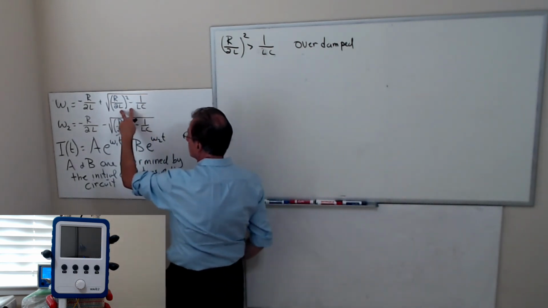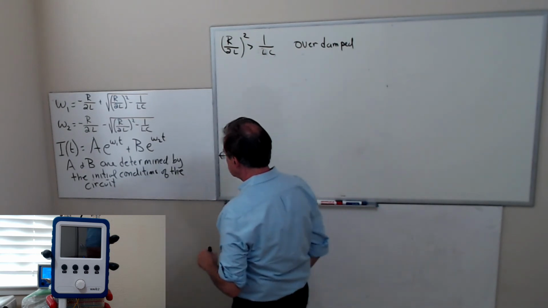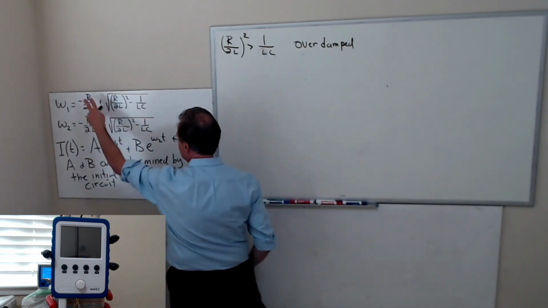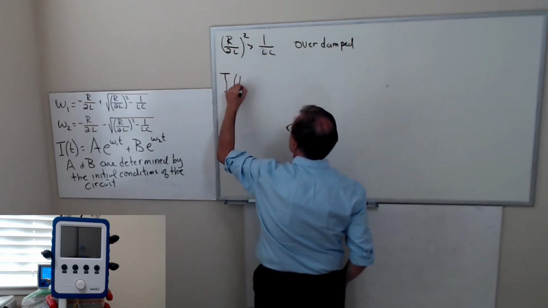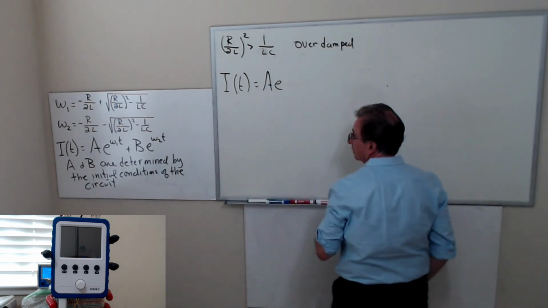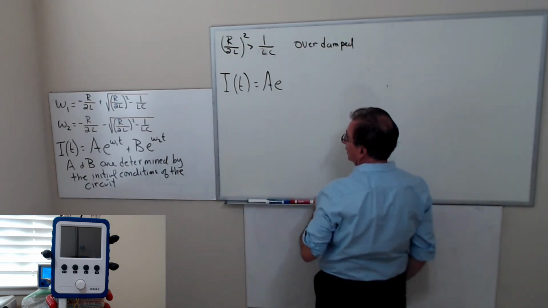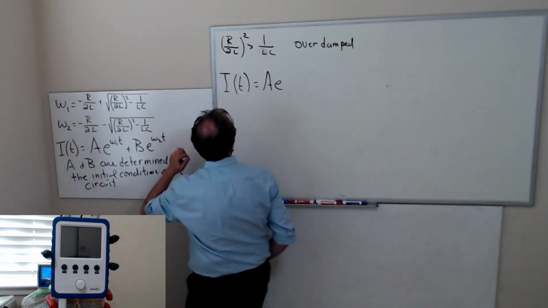And so this stuff under the radical is positive. So I'm going to explicitly write this with the omegas, and it's going to look ugly. Sorry. And because both terms have this guy in it, let me write it this way.